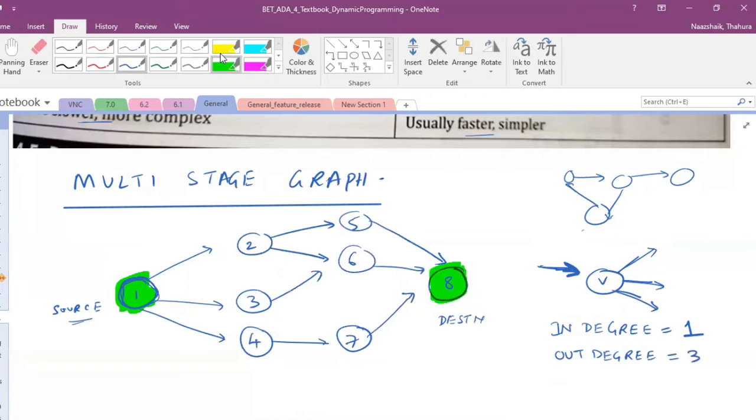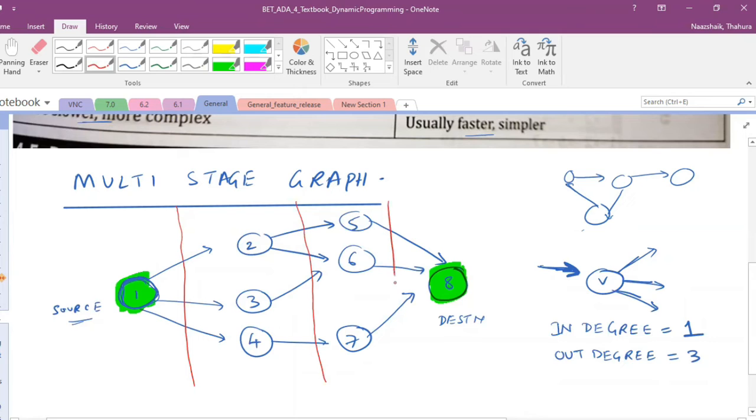Now, along with that, there are a few other characteristics. Such a multi-stage graph can be divided into different stages. Can you see here? Why do I say that this is stage 1, this is stage 2, this is stage 3, this is stage 4?